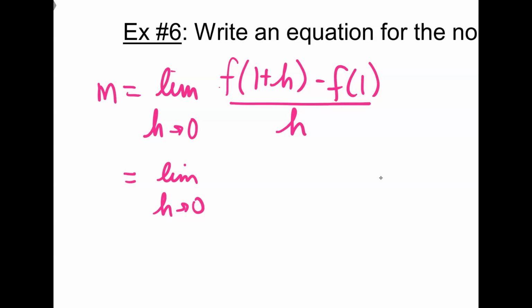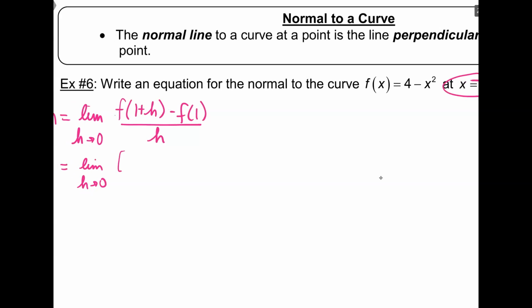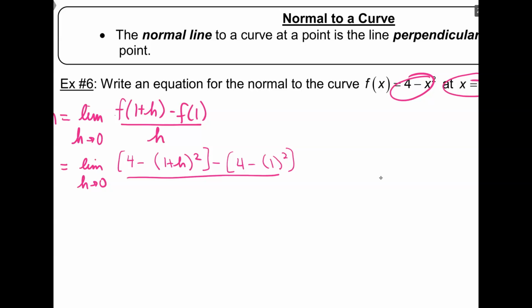Alright, limit as h approaches 0. Let's see, f of 1 plus h. So what I'm going to do is plug this in for my x. 1 plus h, I'm plugging in for x right here. Okay, cool. 4 minus (1 plus h) squared, minus (4 minus 1 squared), all over h.